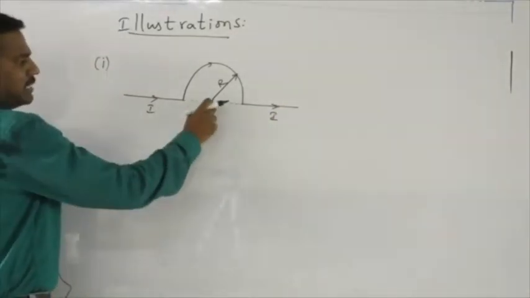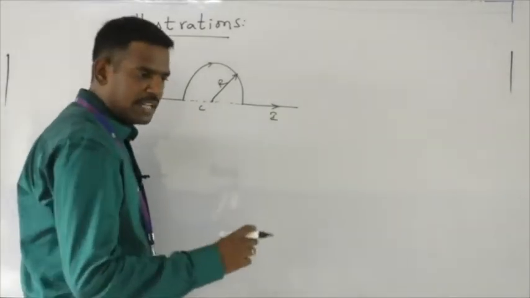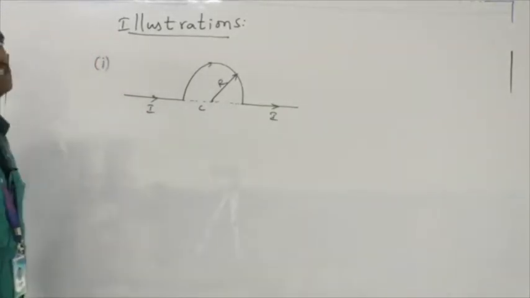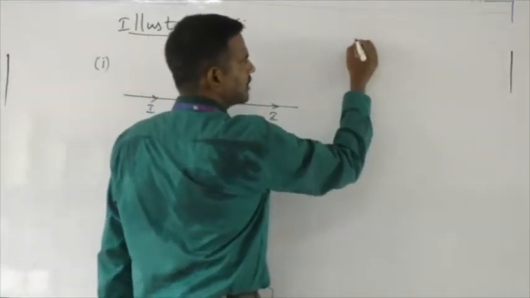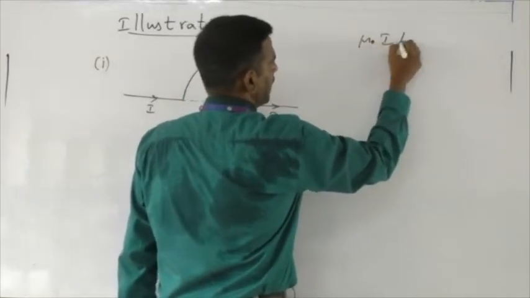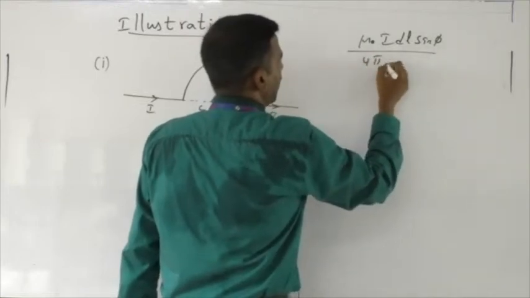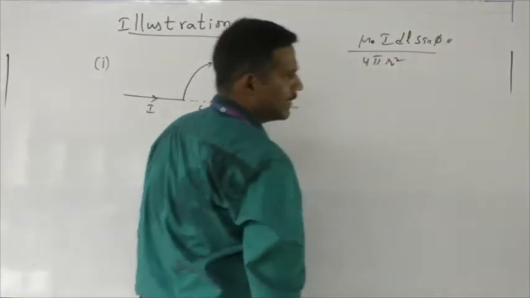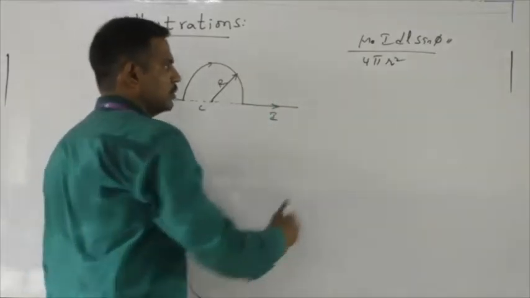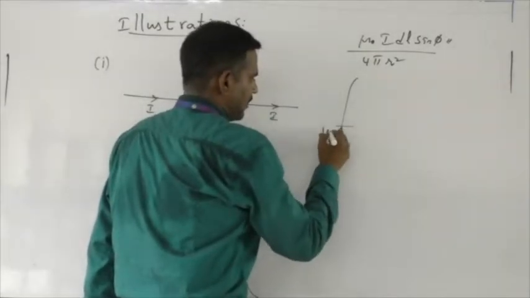Whenever the point P or point C is lying on the extended line of a straight conductor, the magnetic field intensity will be 0, because we know from the Biot-Savart Law that the magnetic field intensity is mu naught I dl sin theta, or sin phi, over 4 pi r square, where phi is the angle between the position vector and the current element. So this is what I have drawn there, and this is the dl direction.